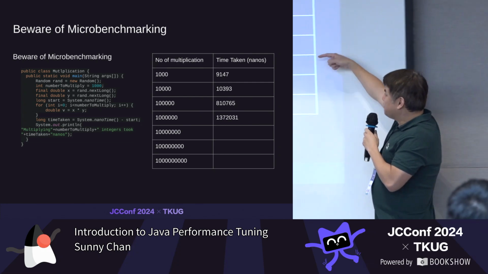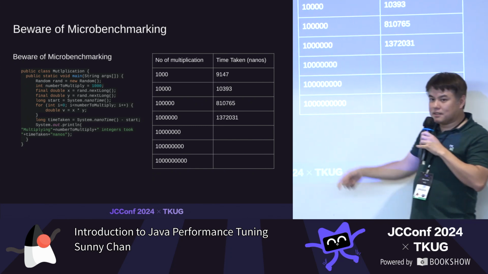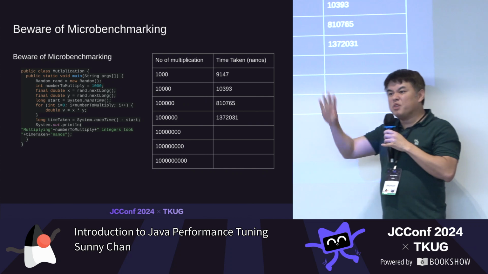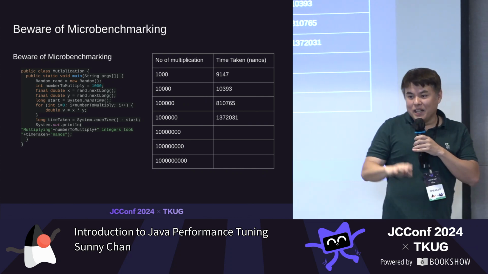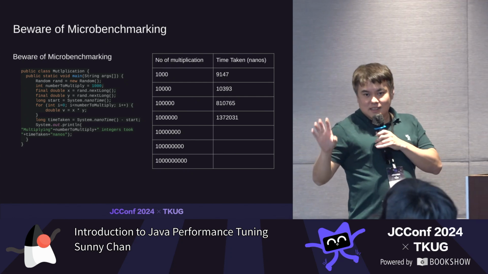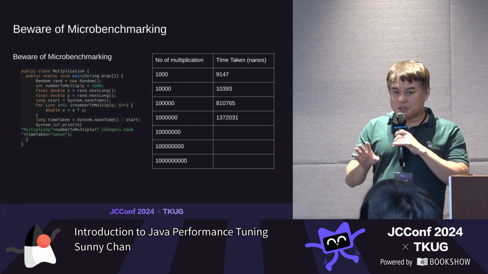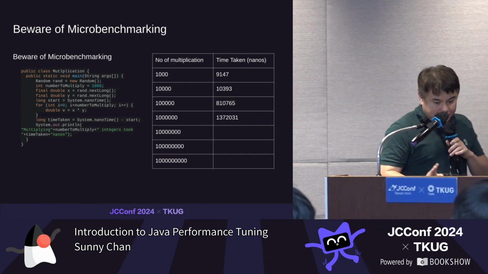So after it multiplies 100,000 times, it will work out, oh, I never use V, so I'm not bothered calculating it. This is why, however much you throw at it, it will become constant time, okay? So this is an example of why you should be very careful when measuring performance on Java. It's because of the JIT compiler.